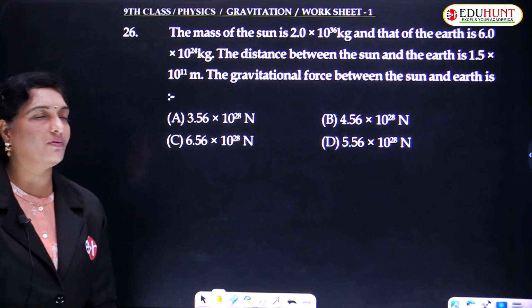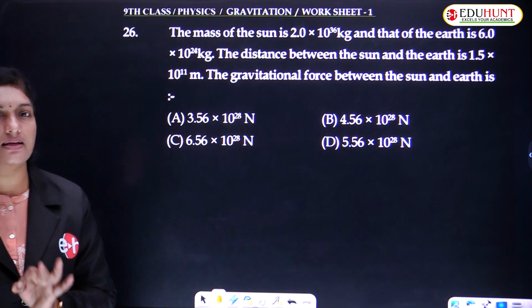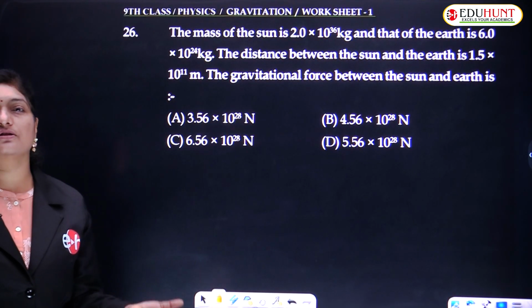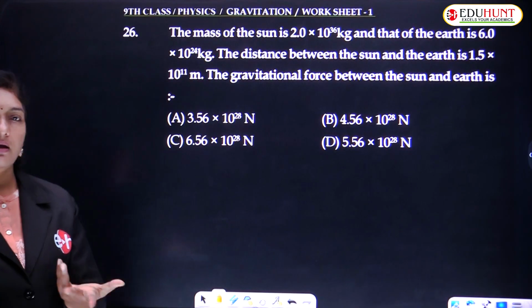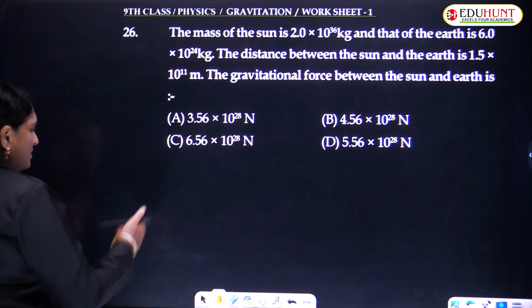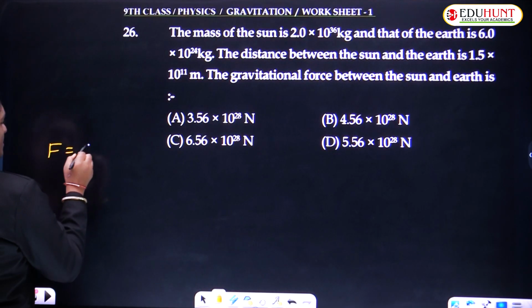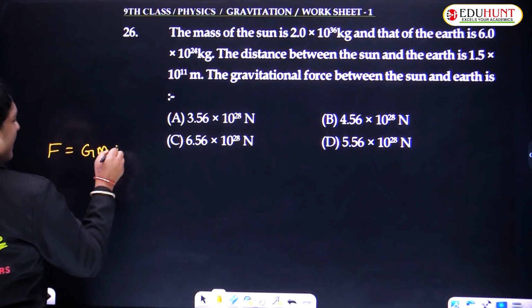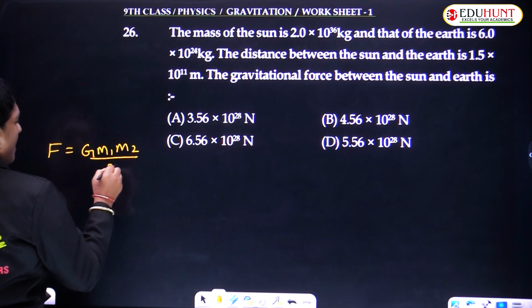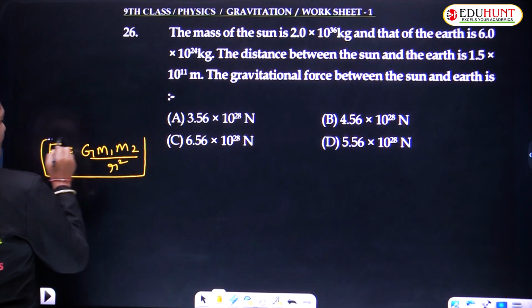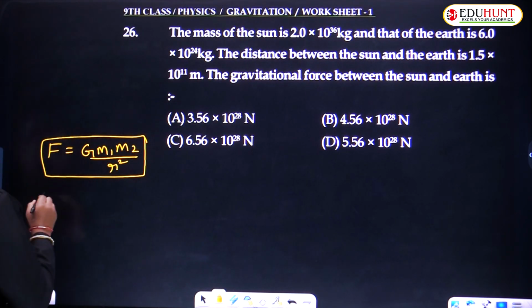You are asked to find out the gravitational force, similar to the previous problem. Two different masses and the distance of separation are given. So, same formula. What is the formula? F is equal to G m1 m2 by r square. The only formula you have to use.